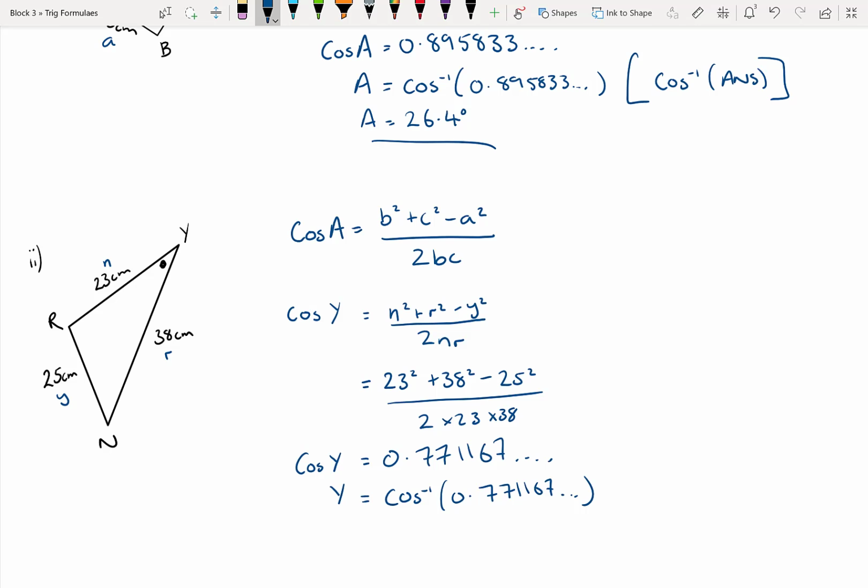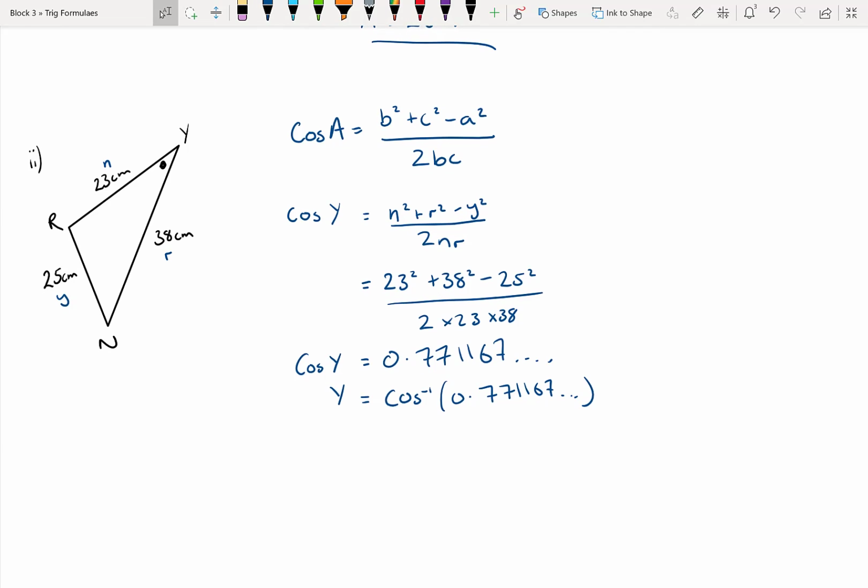Again, what we want to do is try and keep it on the calculator so we can use the fact that it holds the answer to make this a little bit more accurate for us. And that gives us an angle of 39.5 degrees. Okay, so once we've got our triangle, if we know all three of the sides, we can work out any of the angles that are in it.